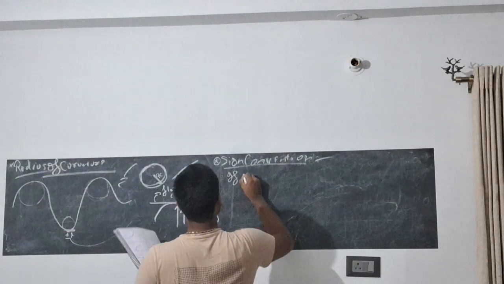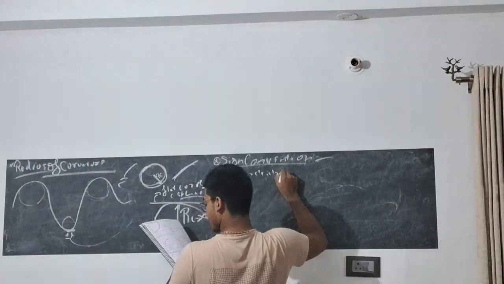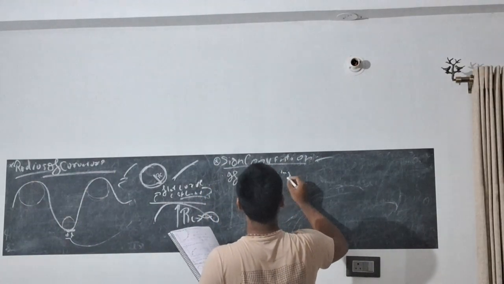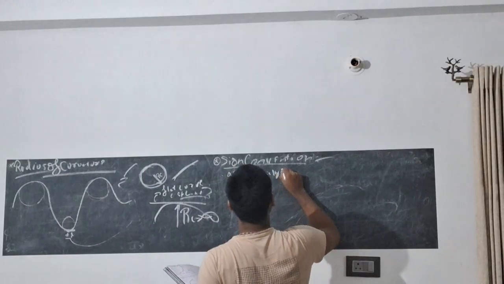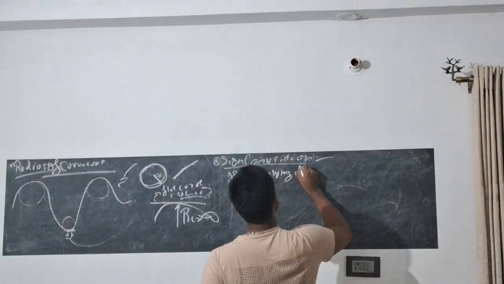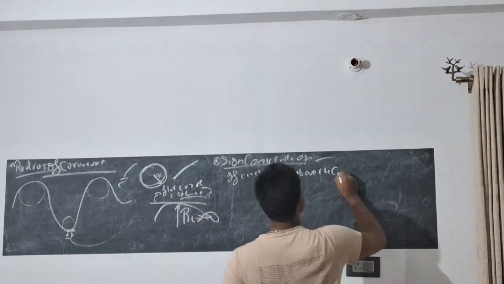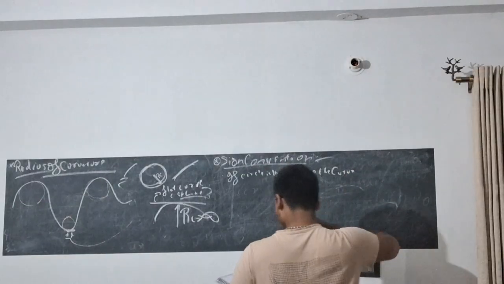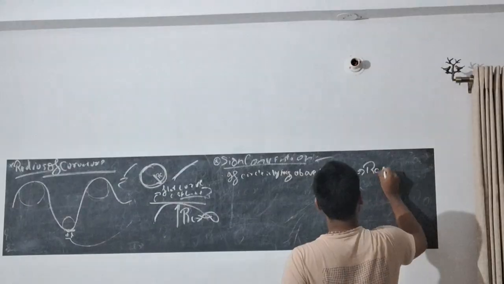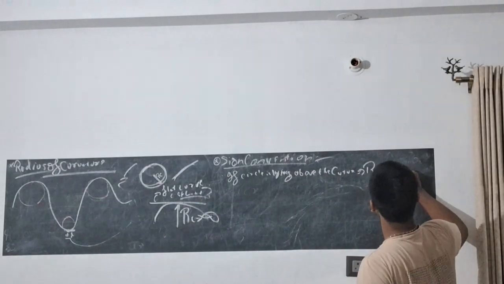If the circle is lying above the curve, the radius of curvature would be positive here.